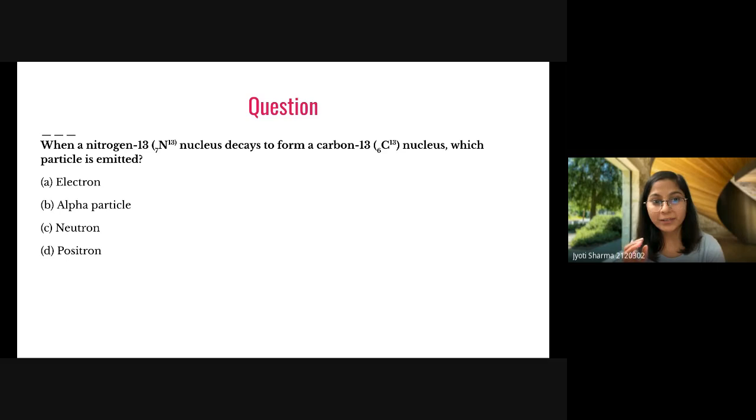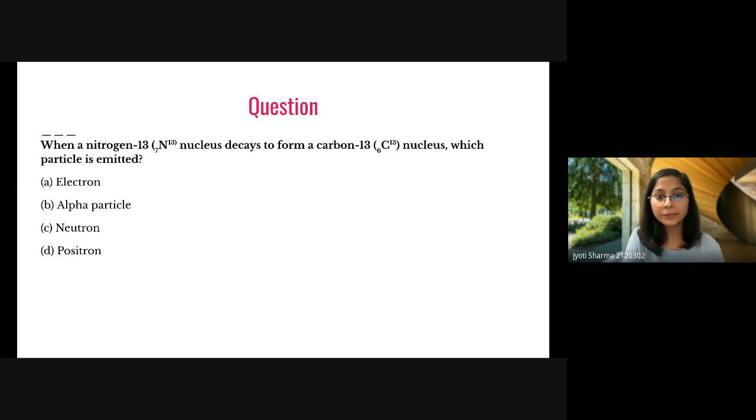Just keep in mind, your atomic number is equal to the number of protons, right? And neutron has no charge. But here from 7 to 6, something is going out. So this can't be neutron.